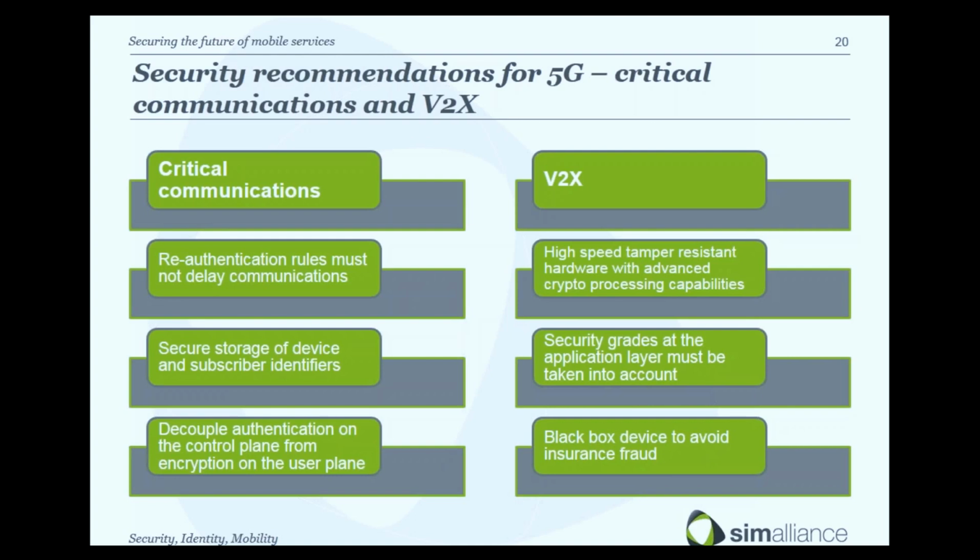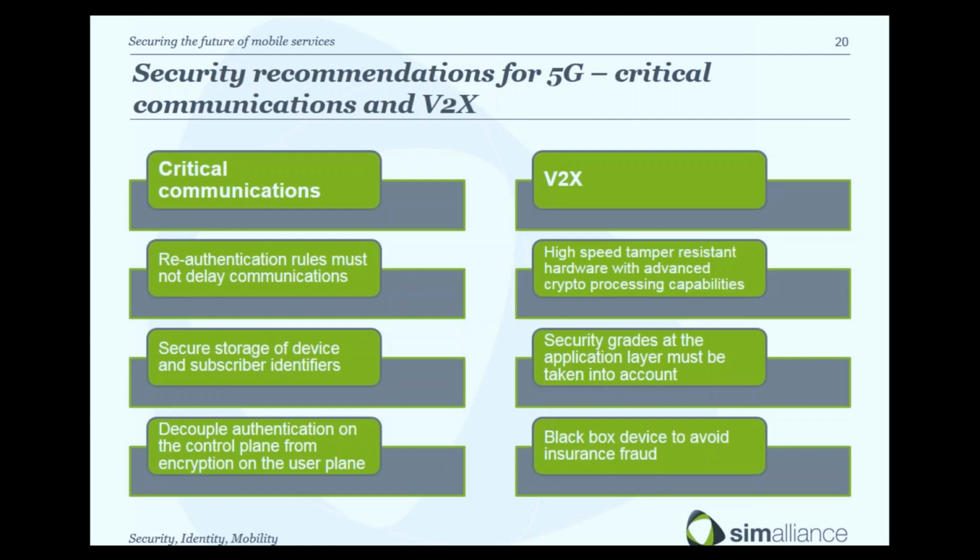Both also need to be protected against malware or unauthorized applications when being transmitted over the network and when being stored. It's also very important to decouple the authentication on the control plane from the encryption on the user plane. That implies that there should be no critical path present on the user plane. Furthermore, the authentication mechanism on the control plane must not impact the latency for critical communications taking place on the user plane.